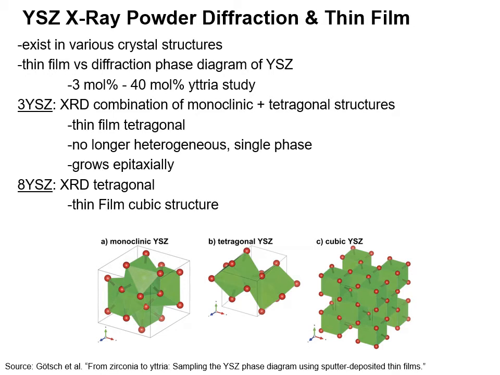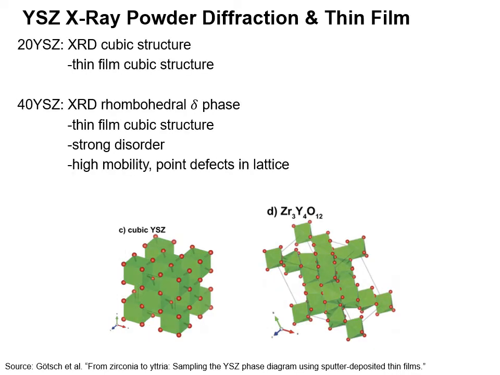It is a single phase, and once that phase changes, it's no longer homogeneous. At 8YSZ, it goes from tetragonal to a thin film cubic structure. At 20%, you do have a cubic structure at XRD, and it does maintain its cubic structure when it goes through a thin film deposition process.